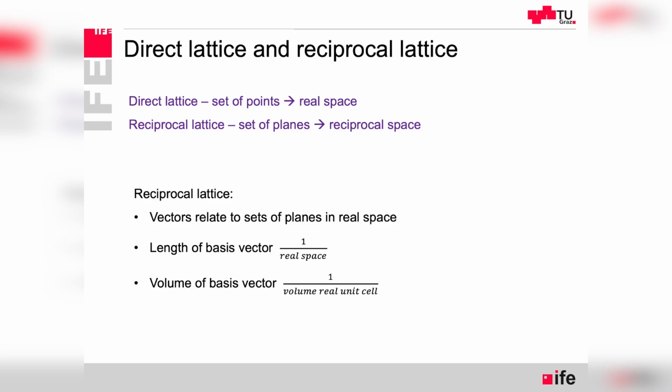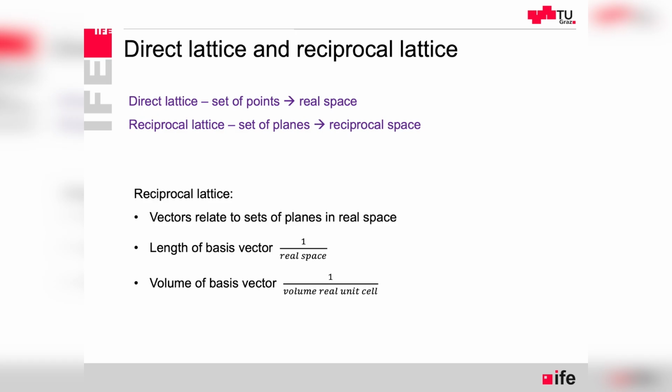The length of the basic vector, for example the primitive vector when we talk about the Bravais lattice, is 1 over the length in the real space. Or if we talk about 3D, then the volume will be 1 over the volume of the real unit cell.